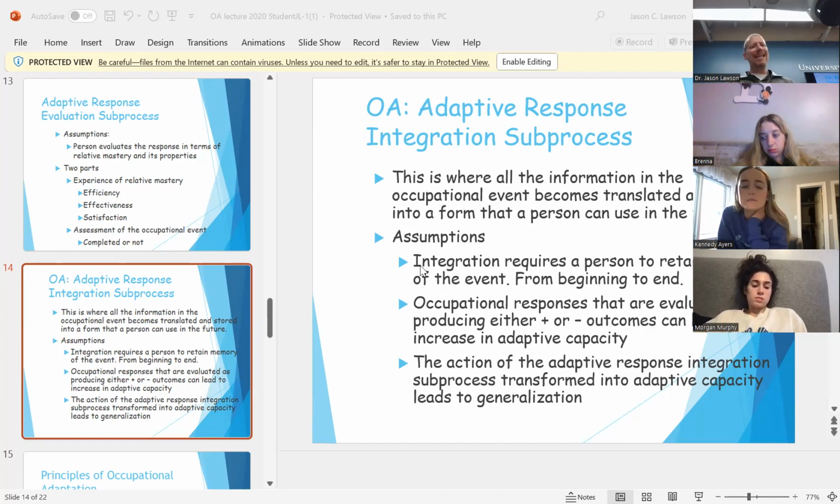And so if we're going to integrate what we've learned through our adaptive process, we have to be able to remember it, right? We have to be able to remember our process from beginning to end. Our occupational responses that are evaluated either produce a positive or negative outcome, okay? But either can lead to an increase in our adaptive capacity.